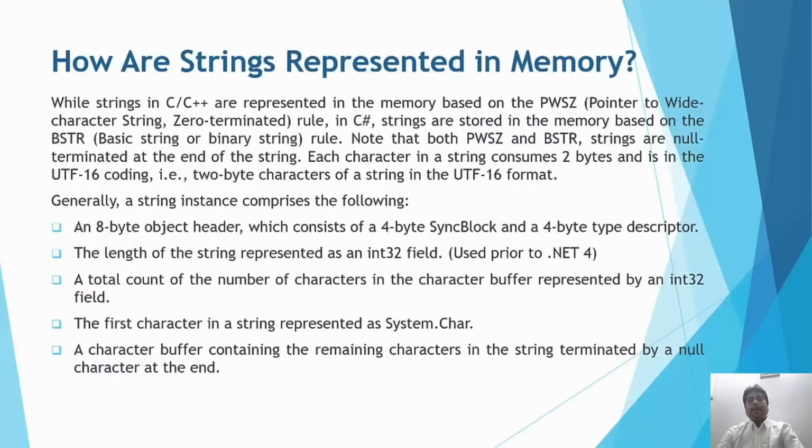A total count of the number of characters in the character buffer represented by an integer 32 field. The first character of the string represented as System.Char. A character buffer that contains the remaining characters of the string, terminated by a null character at the end.